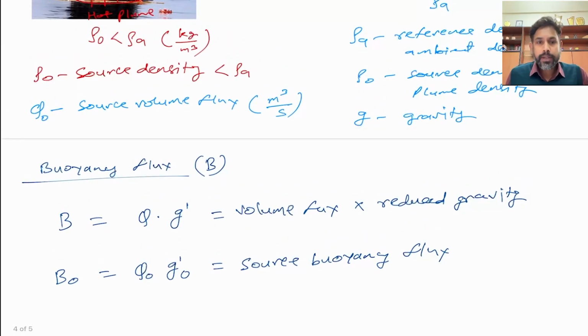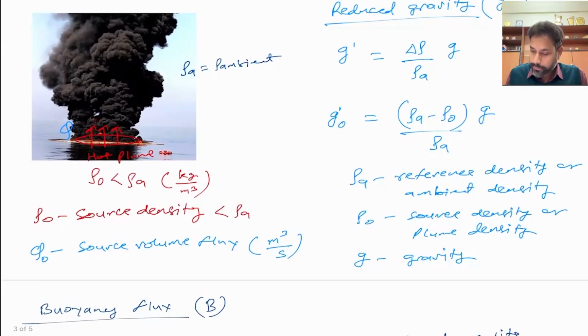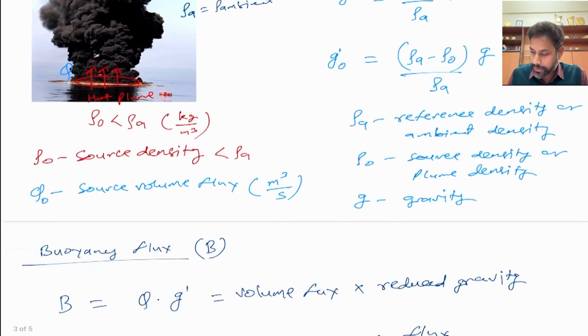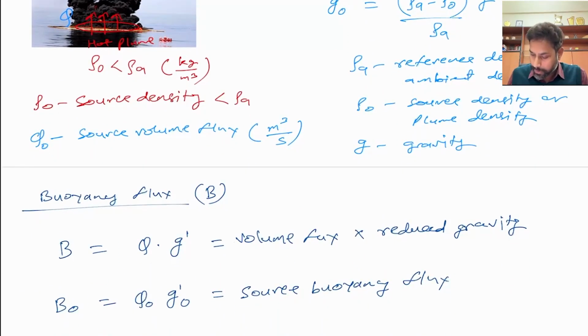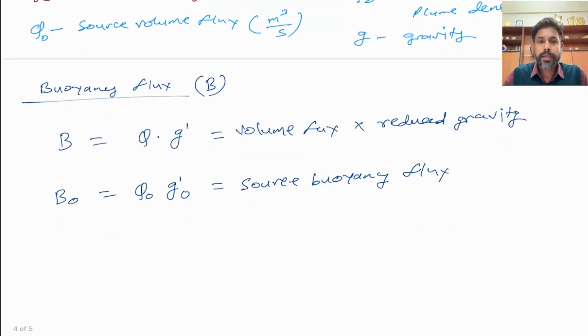So what exactly are we doing here? First, we define reduced gravity, which signifies the effects of density difference in combination with the gravity, right? So that is g prime naught. And now when we multiply that g prime naught with Q, that's the total flux that is coming out. The multiplication of them together gives us a parameter called buoyancy flux.